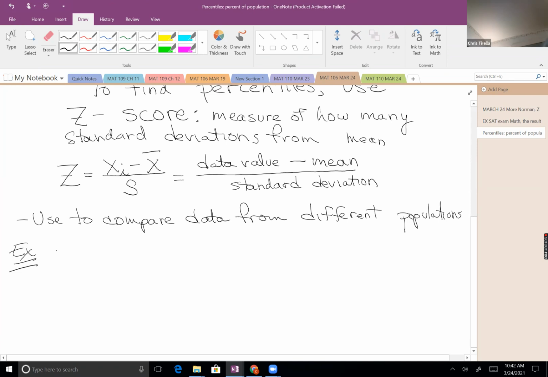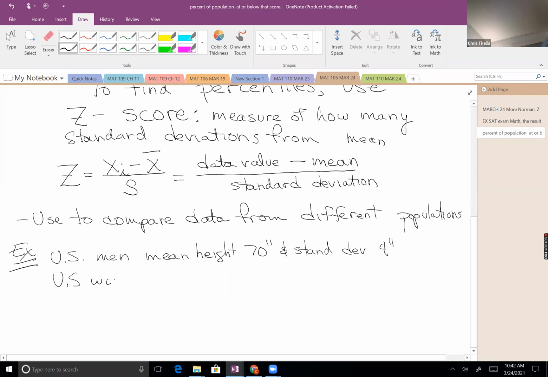So for an example, I think we had said last class that for American men, the mean height is 70 inches and the standard deviation is 4 inches.